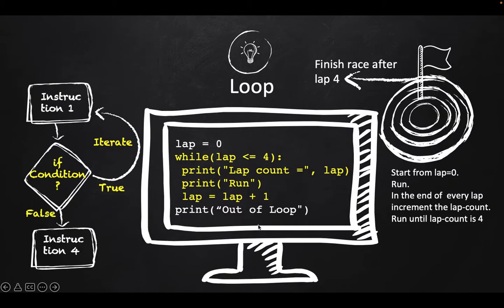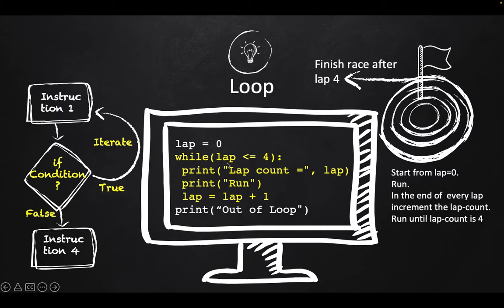The code in the middle of this slide is an exact representation of this situation. Here, the lap count I have started from 0. That is, there is a lap variable which is storing 0 as a value. Now, in order to tell the Python interpreter that you want to start a loop, you have to use a keyword called while. The while keyword is always followed by the condition based on which the loop will be executed.